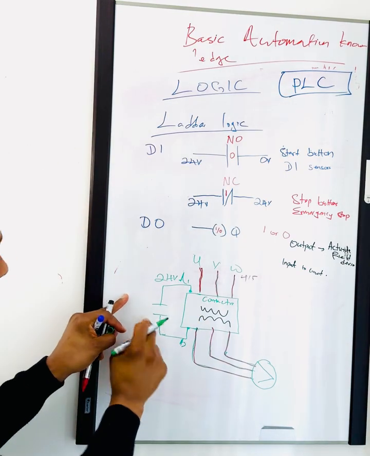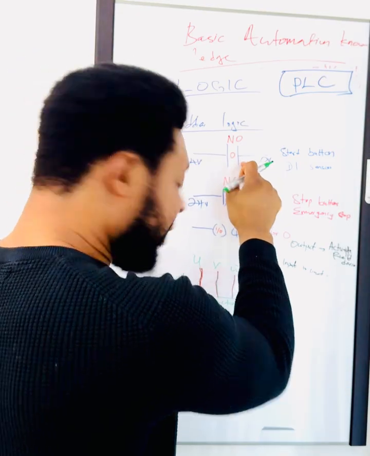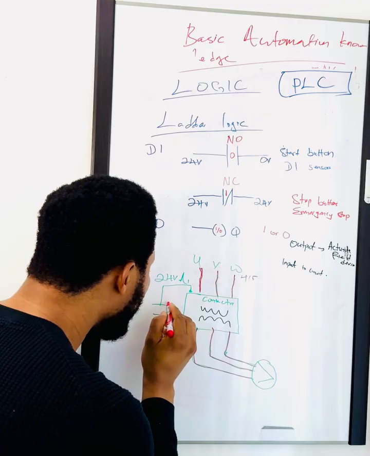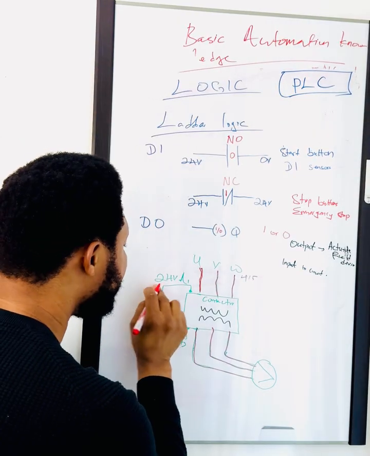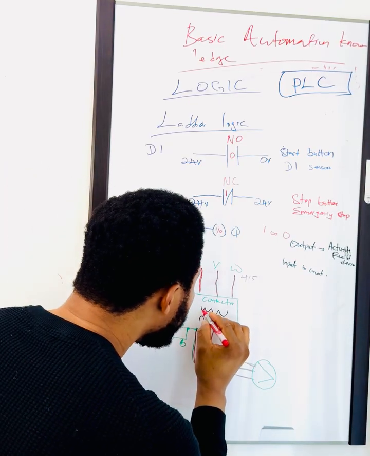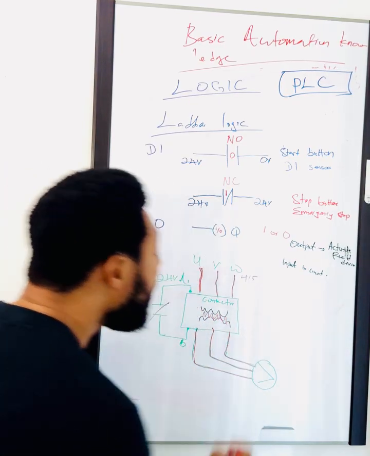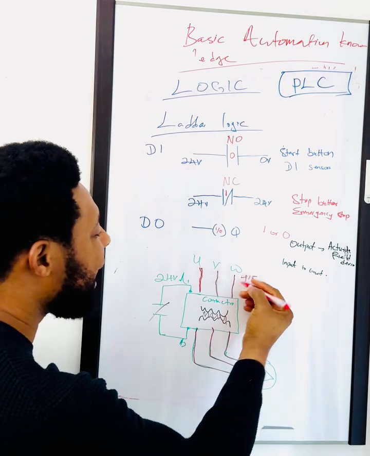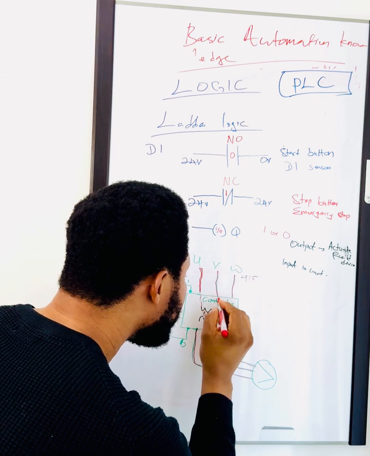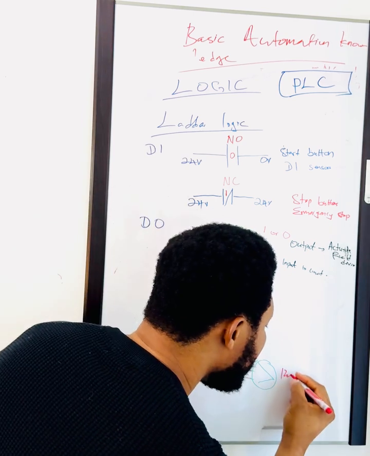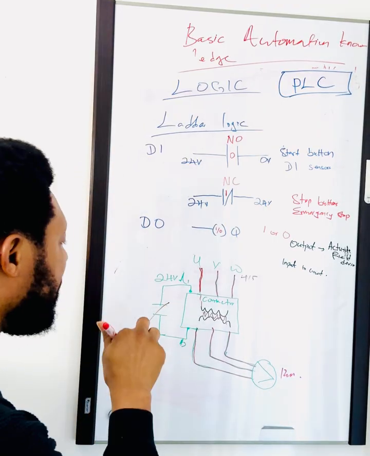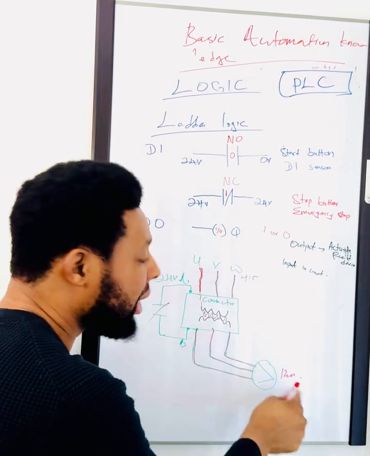The cable from your start button is 0 now. Once you close it, this 24 will go down here, then it will close this coil. Once you close the coil, this high voltage that is coming here will connect directly to the motor. Then the motor is going to run. Once you press it, the coil will close, then the motor is going to run.